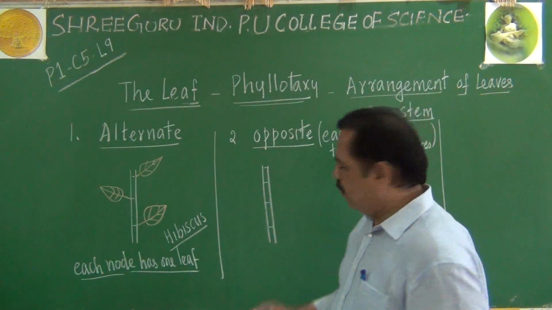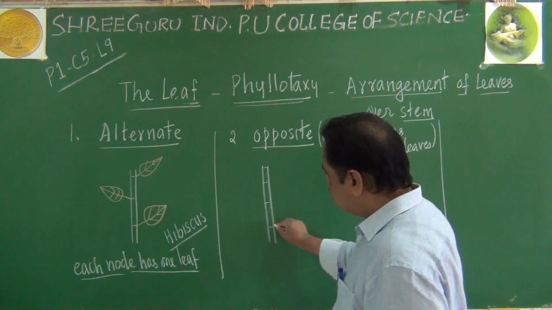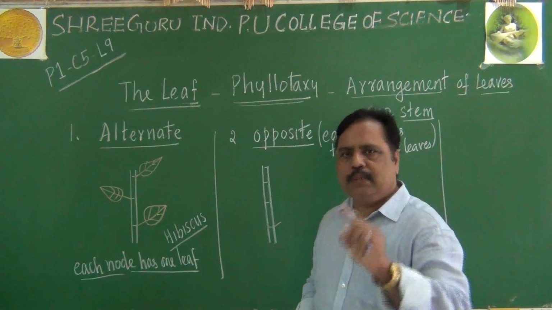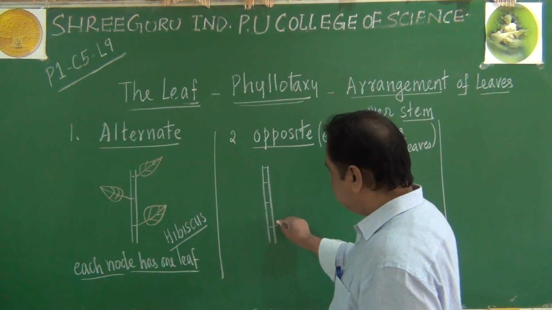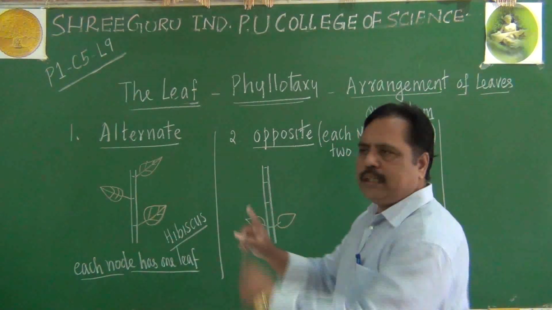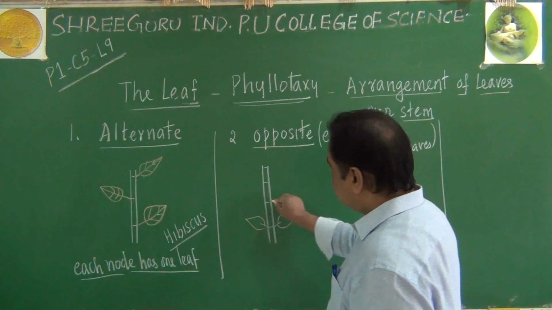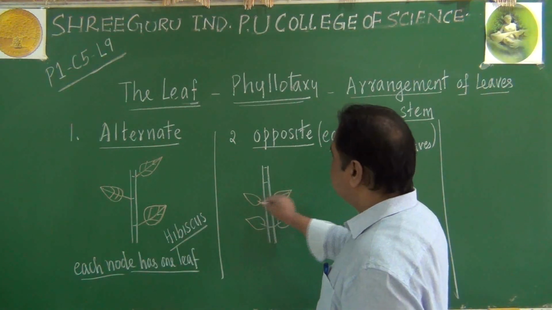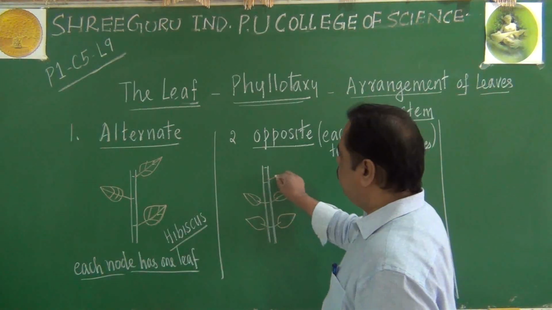Suppose imagine all the nodes are having two leaves facing the same direction. Imagine this is one node with two leaves like this, facing east and west. Second node will also be having two leaves facing east and west, like the same thing only.